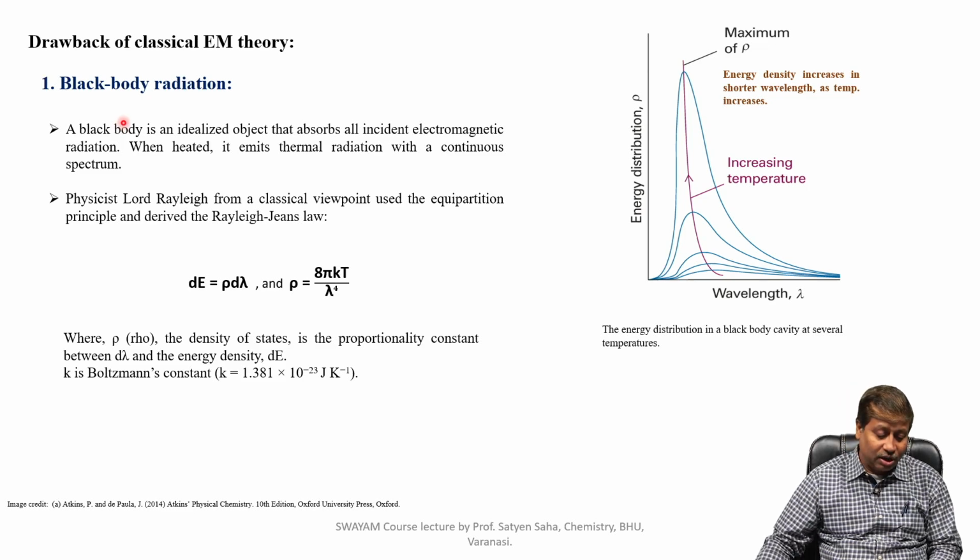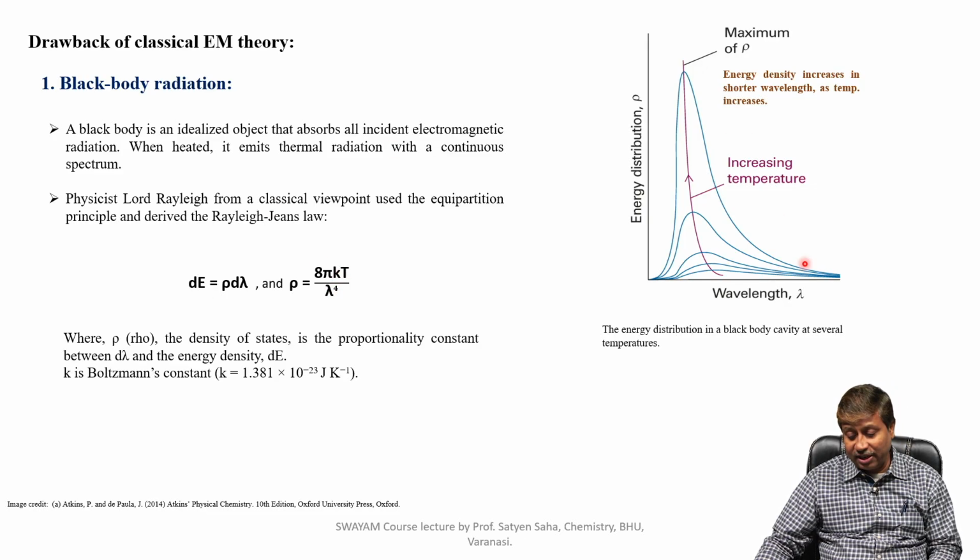What is this law? This is the density of energy, dE, as a function of lambda, where the density, known by the symbol rho, is given by 8 pi k T by lambda to the power 4, where k is the Boltzmann constant.